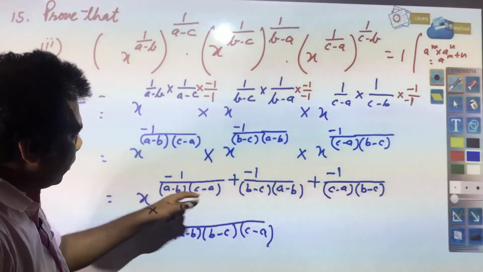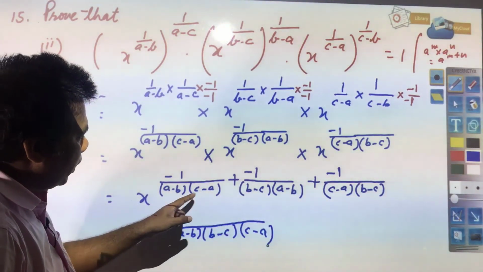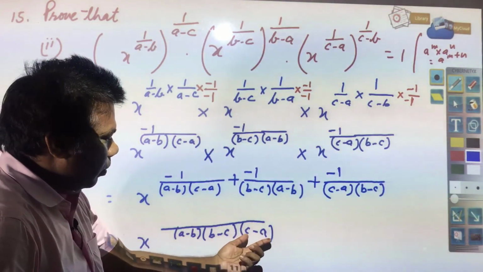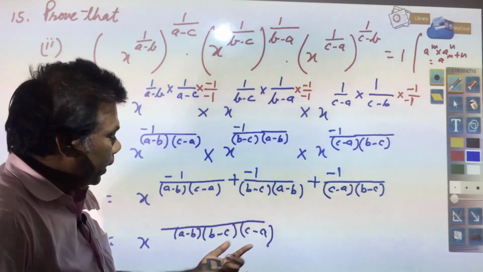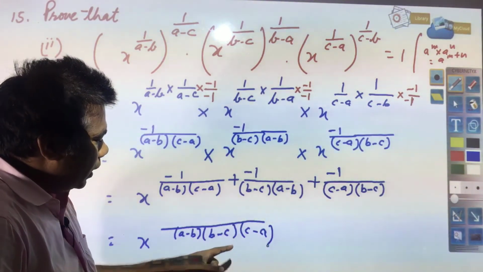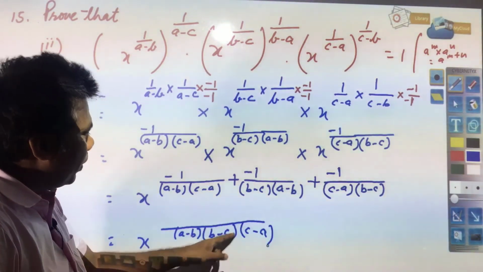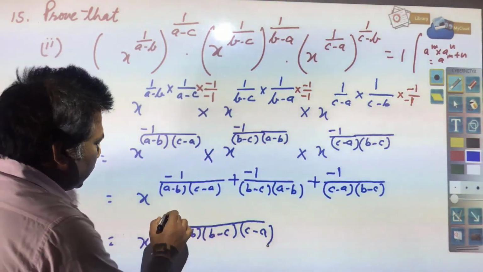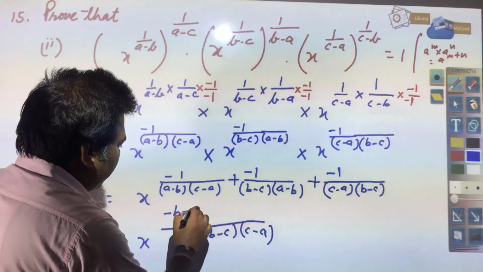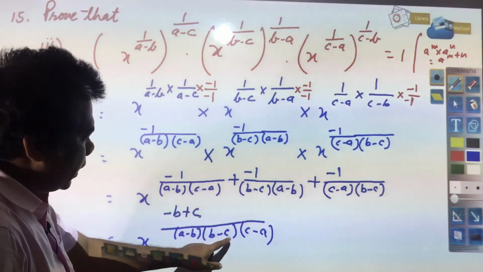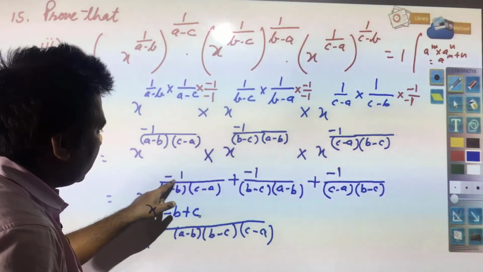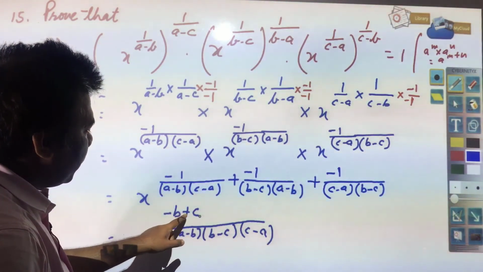Now, with this term if we are dividing, a minus b and c minus a will be cancelled, you will be left with b minus c, and this b minus c will be multiplied with minus 1, so the sign will be changed. So, this will be minus b plus c.